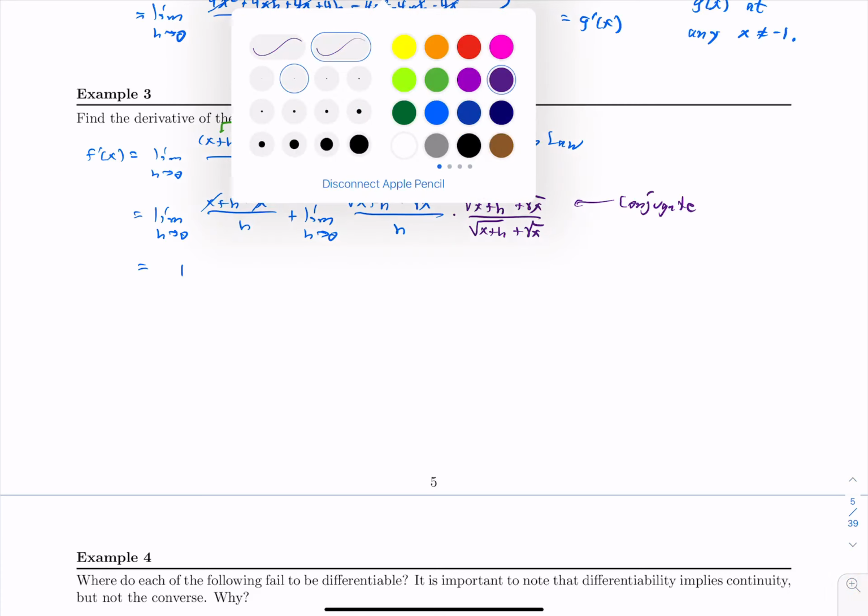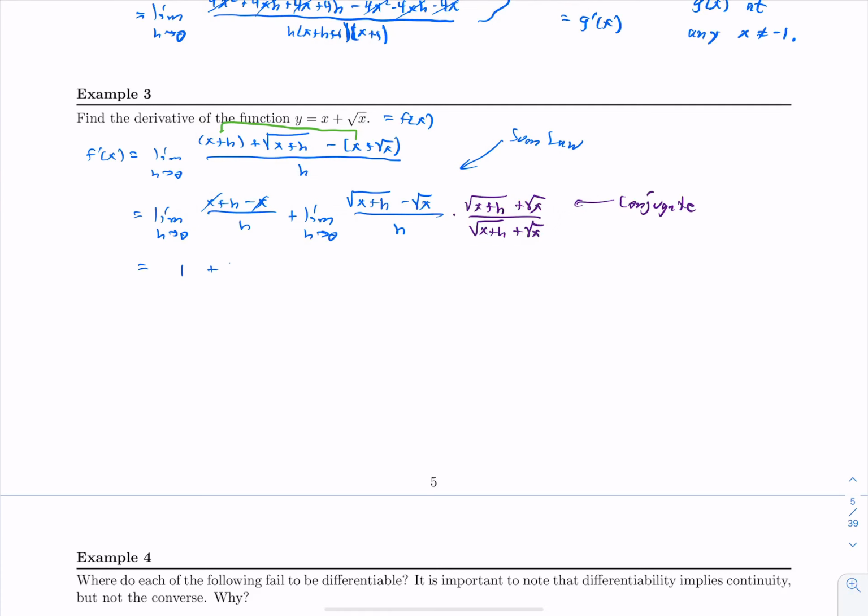Okay, so let's see where that takes us. We still have a limit to do. The first part's just part of the answer. So we have the limit, if I multiply here on top, we're squaring the radical, so we get x plus h. No middle term because they are conjugates, and then we have a minus x over h times, and just like before, don't simplify the bottom, leave it alone. We want that h sitting there. If I multiplied the h through, I'd have to turn right back around and factor it out.